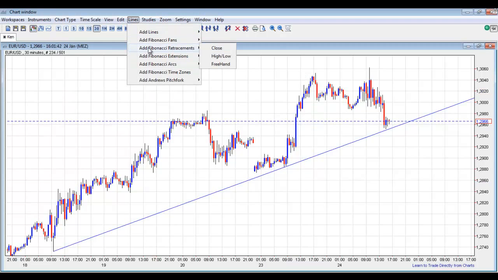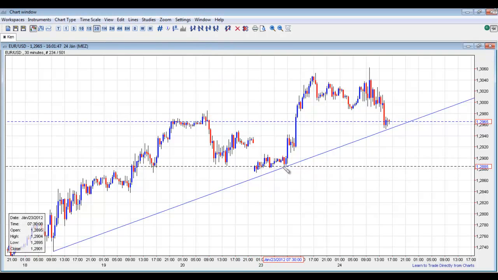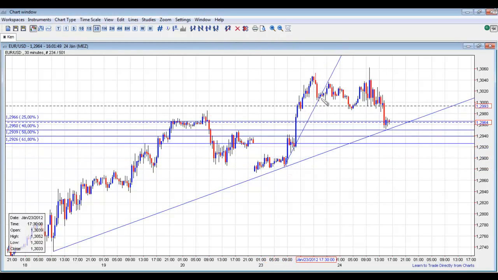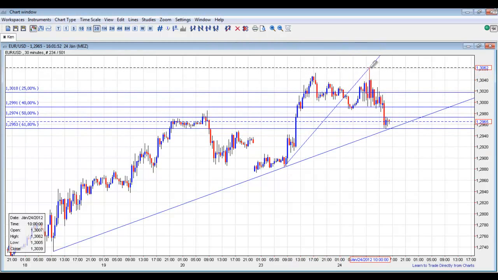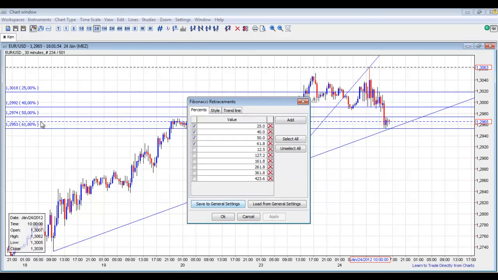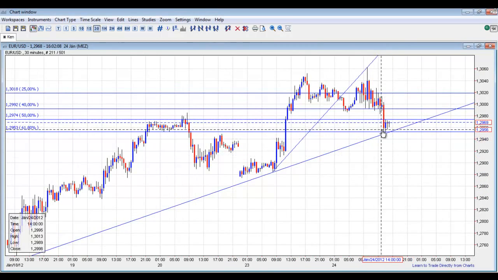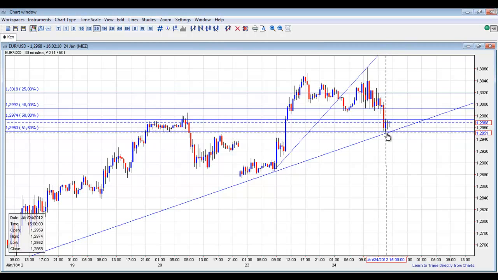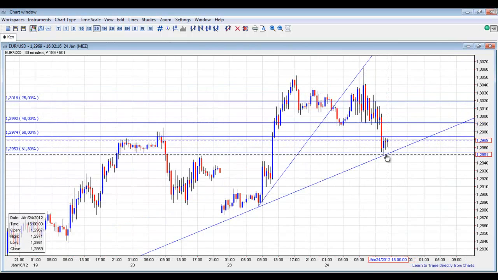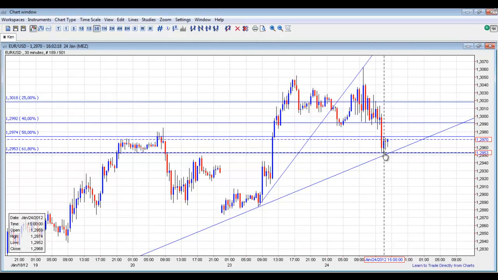So we go to lines, add Fibonacci retracement, freehand, and I'm taking it from this significant low point up to a significant high, and I'm looking to see if there's a significant percentage on the retracement in line with the trend line. And as you can see here, this is the passive order snap theory trade that we have at smartforexeducation.com. And we had a buy limit order just above this trend line.